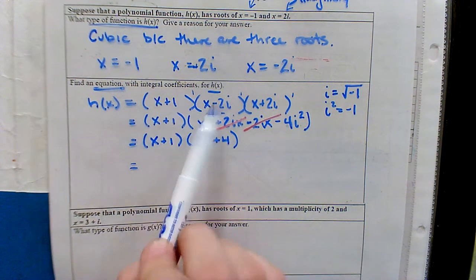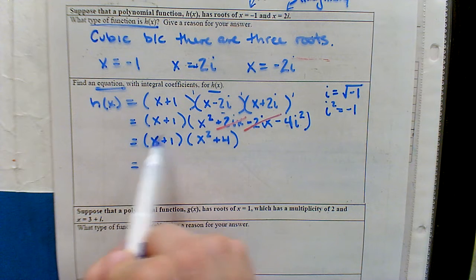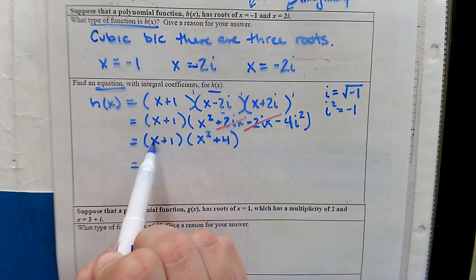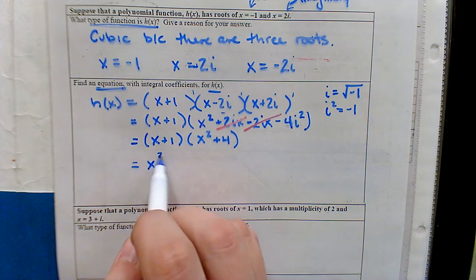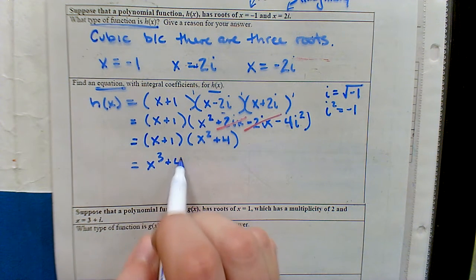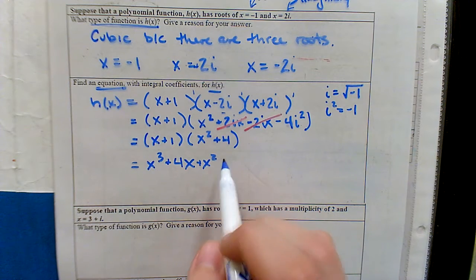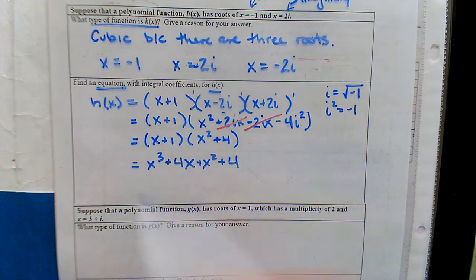We already know what the individual factors look like. We're trying to get it into standard form, like no parentheses left, individual terms. So let's keep going through a distribution or a FOIL process. We can do x times x squared, which would be x to the third, and then x times 4, which would be a 4x, 1 times x squared, and then a 1 times a 4.